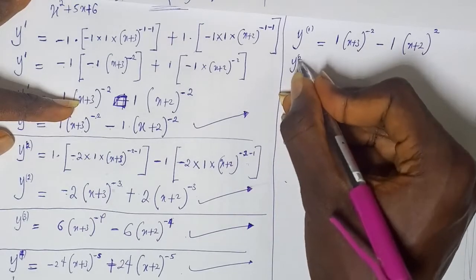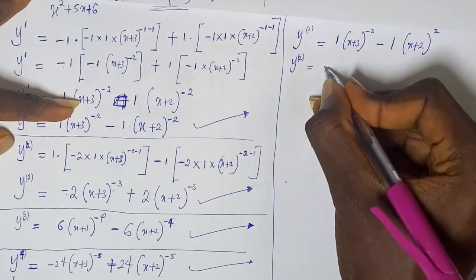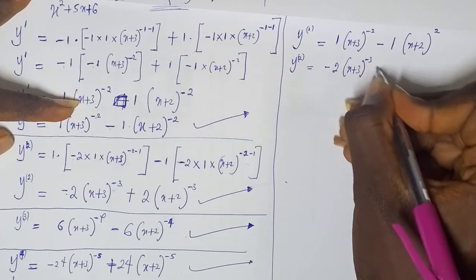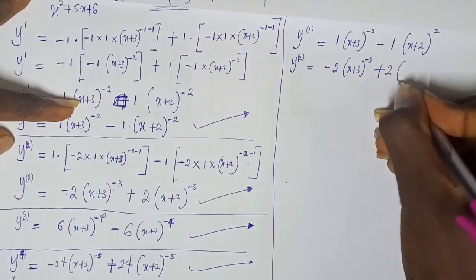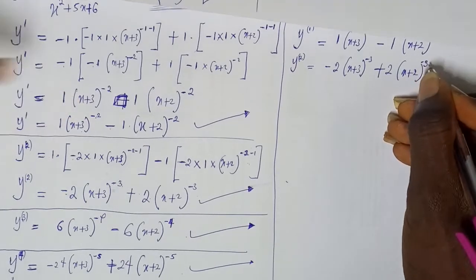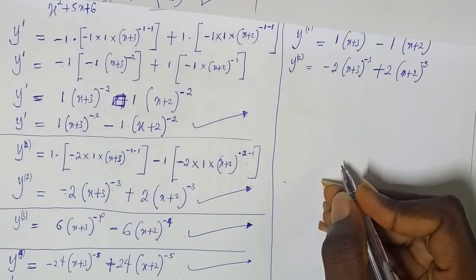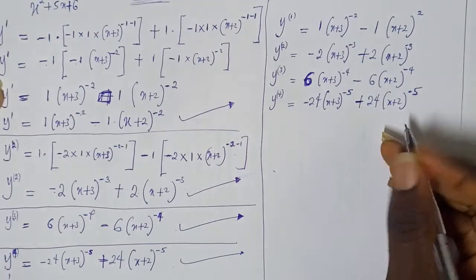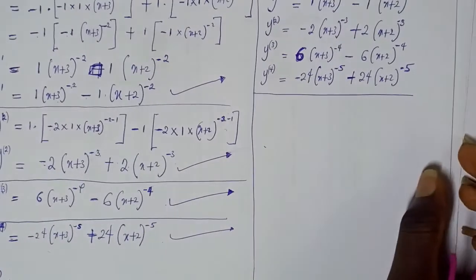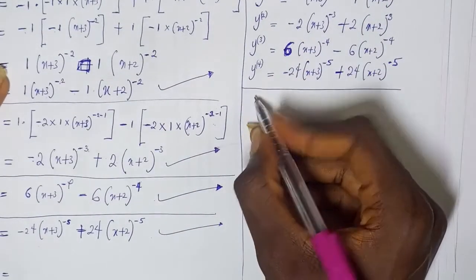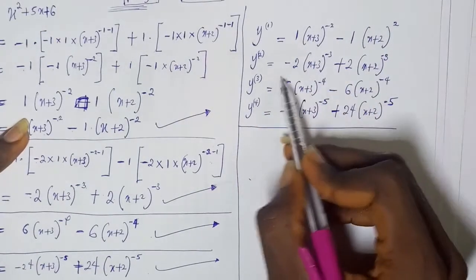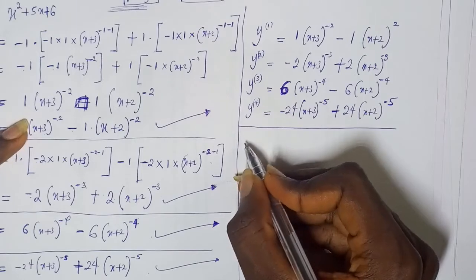The second derivative is minus 2, and I have x plus 3 here, I have a negative 3 plus 2, x plus 2 raised to the power of minus 3. So by the time we write everything out, we have this. We need to generalize, but before we go ahead, I would have preferred us to factorize. We know 1 is common here, 2 is common here, 6 is common here. So we'll be able to generalize.